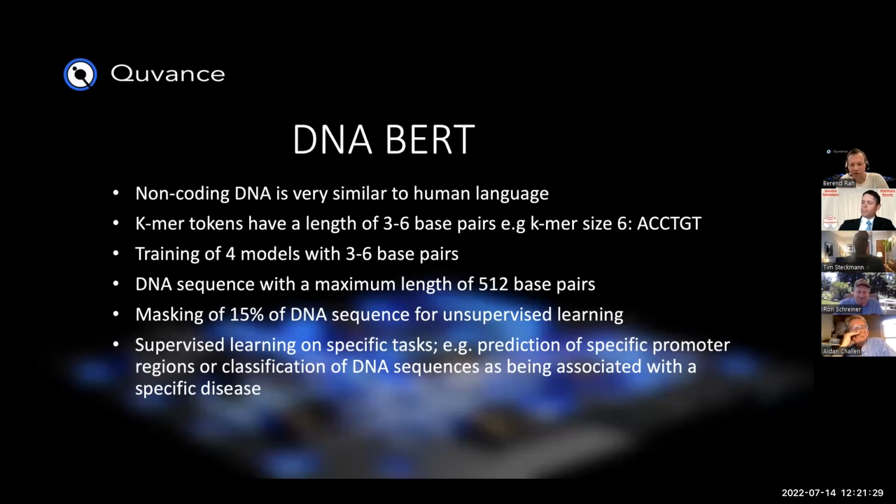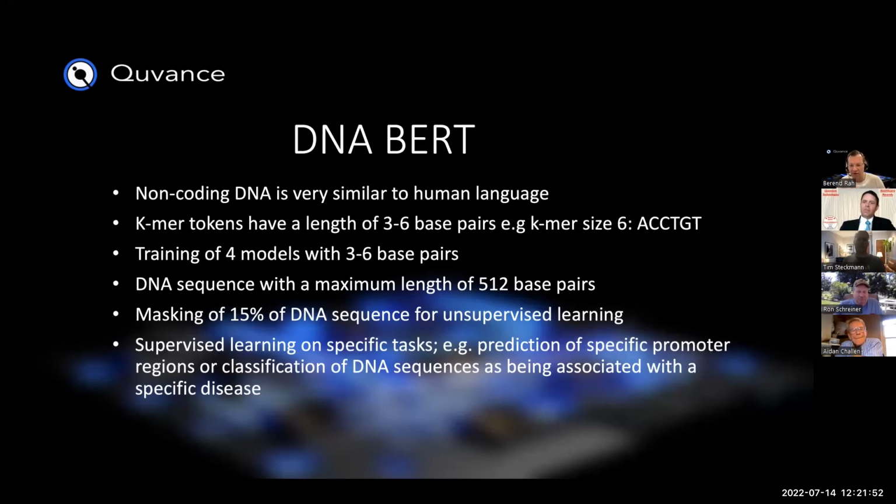For DNA BERT, they used 3 letters to 6 letters, and they have trained 4 models in their paper. The whole DNA sequence, the whole window, is 512 base pairs. And as I said before, 15% of the DNA has to be masked for unsupervised learning to take place.